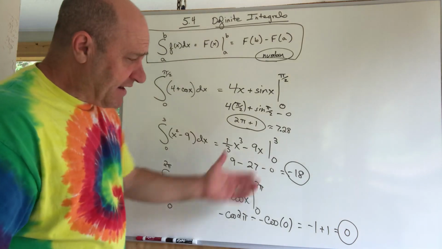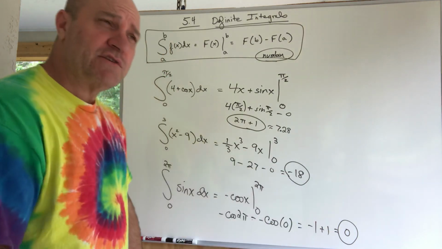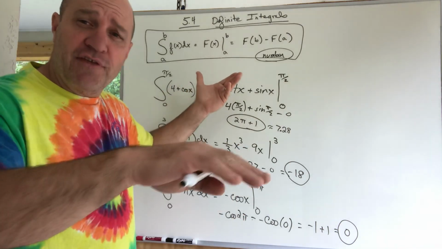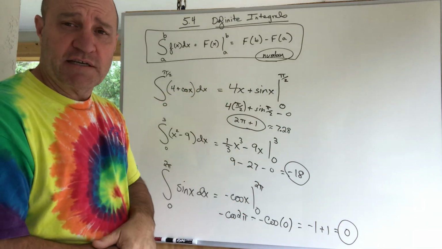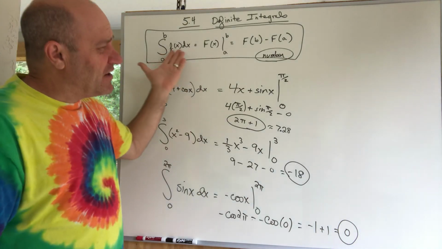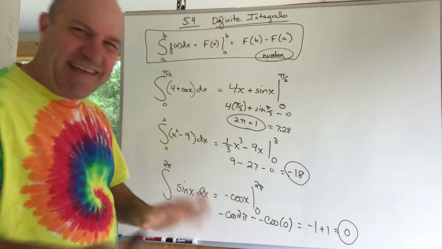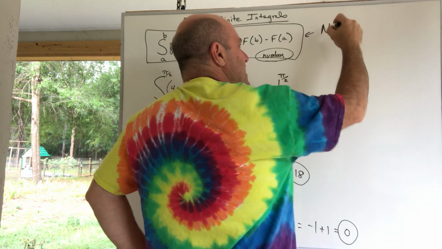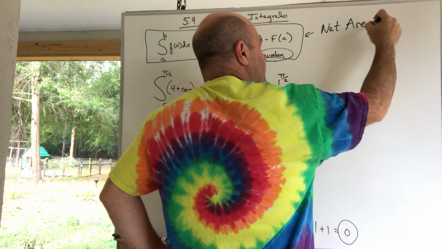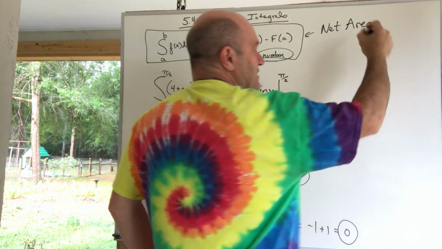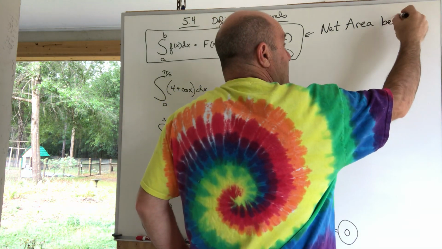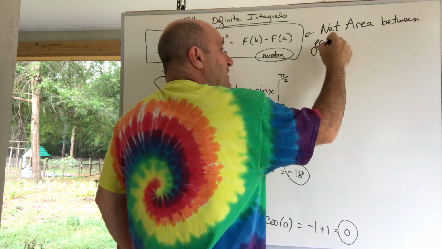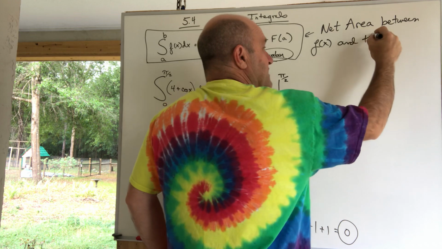And to explain a negative answer or a 0 answer, I have to say that the integral treats area under the x-axis as a negative quantity. So if I'm going to define this as area under the curve, I will need to modify my definition. I want to call it the net area. I'm not going to say under the curve. I'm going to say the net area between the function f of x and the x-axis.